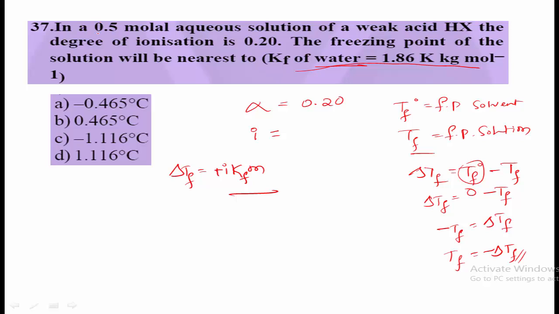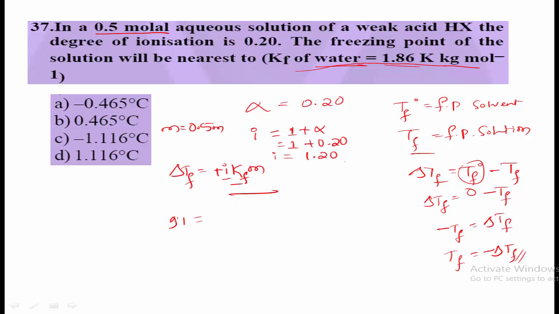Here they have given 0.5 molar, that is the value of m. Therefore m is equal to 0.5 m. And Kf is also given, that is 1.86. So you need to find the value of i. Therefore i is equal to 1 plus alpha, and alpha is 0.20. Therefore it becomes 1.20. Substitute the values of i, Kf and m in this equation.